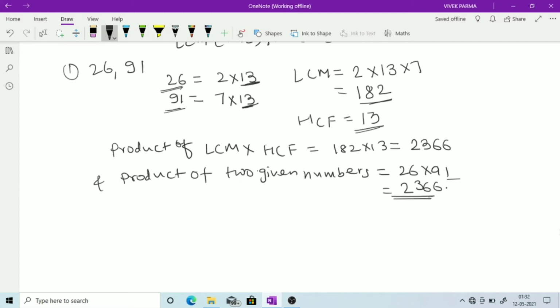So we can say, by the properties of LCM and HCF, the product of LCM and HCF is equal to the product of the two given numbers. So now move to the next question.